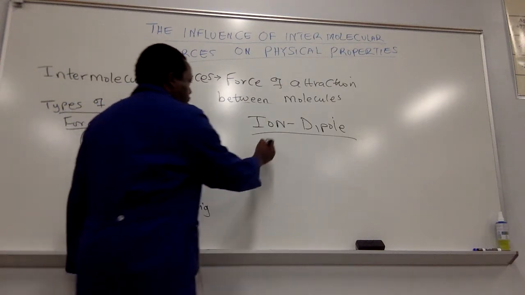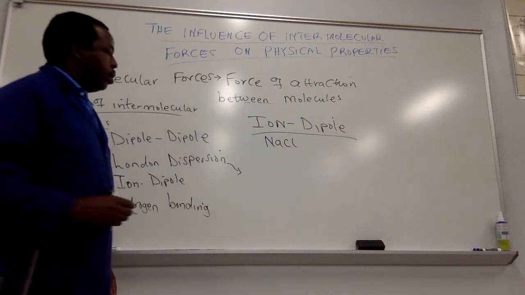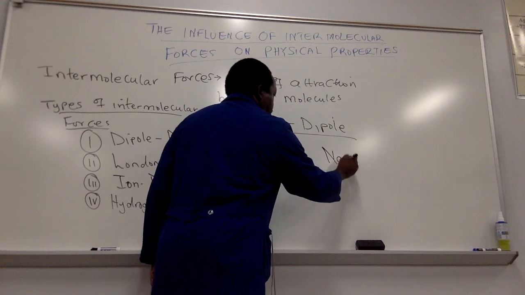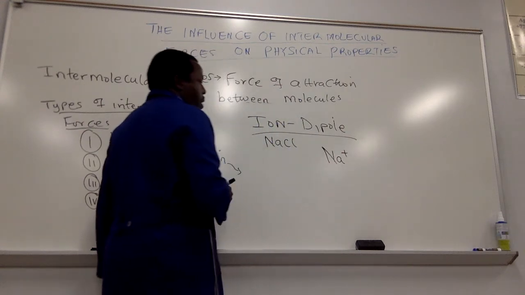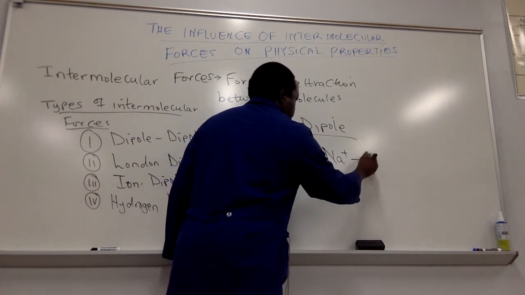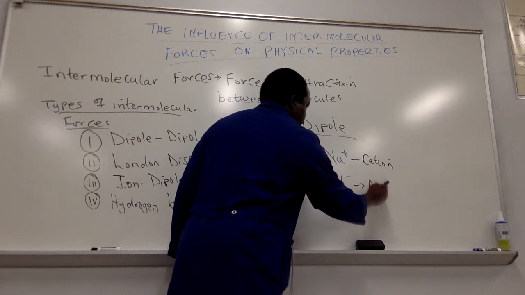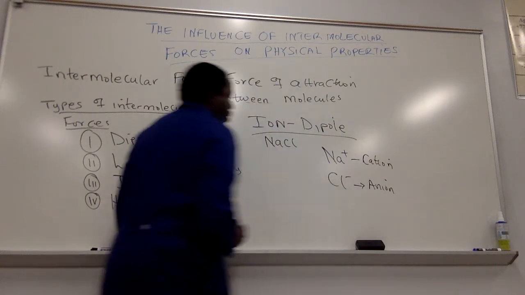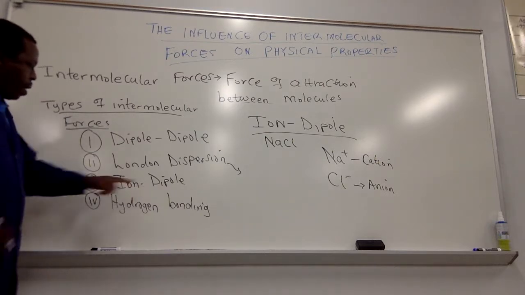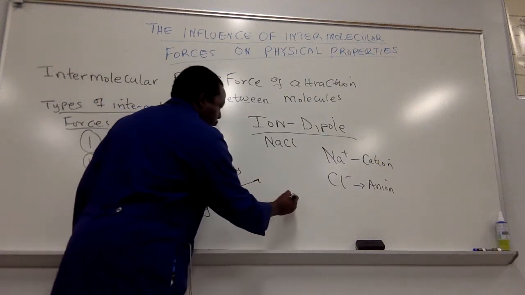For example, dissolving sodium chloride in H2O, this will dissociate or ionize to produce sodium cation and chloride anion. This is the cation, positively charged, and this is the anion, negatively charged.